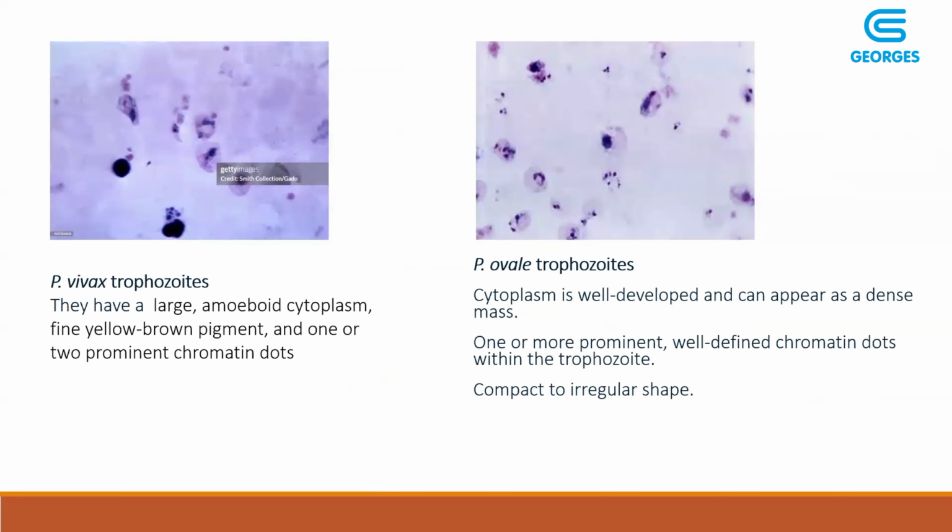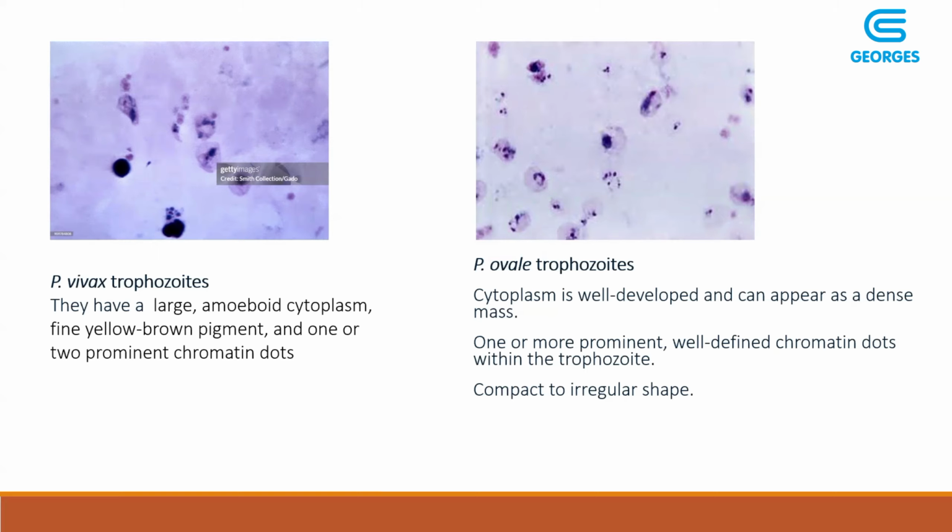So here is another presentation of a thick film for different trophozoites. On the left, we have P. vivax trophozoites. We can see they are large, they have amoeboid cytoplasm. We can see some pigments, though they cannot be clearly seen, but they are normally yellow to brown pigments.